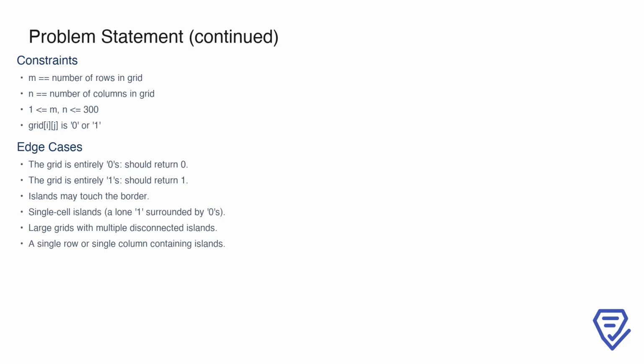If the grid has only land, or all cells are 1, there is only 1 island. Single-cell islands are valid and need to be counted. Islands can touch the border without any issue. You should also handle single-row or single-column grids correctly, as well as large grids with multiple disconnected regions of land. Handling all these cases will ensure a robust solution.